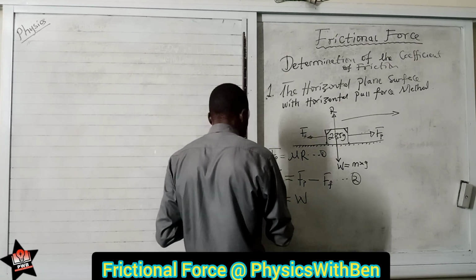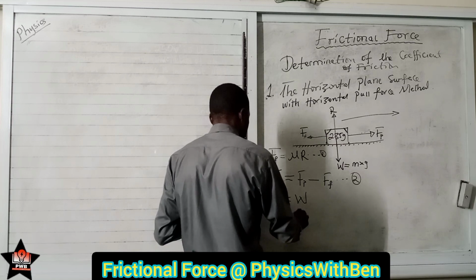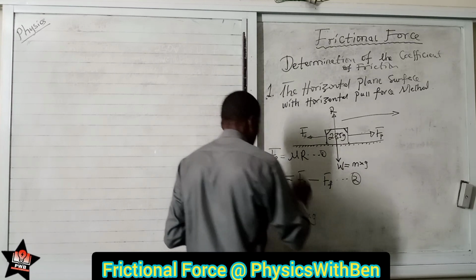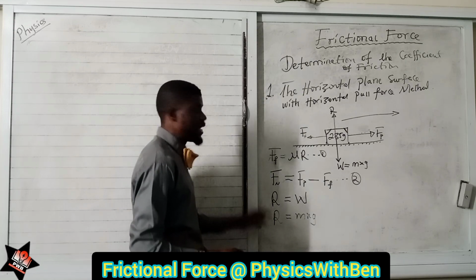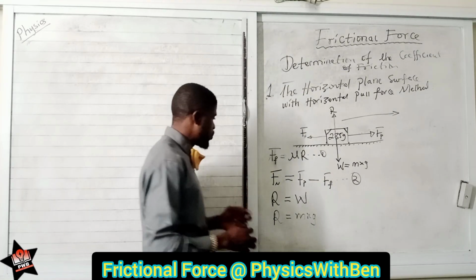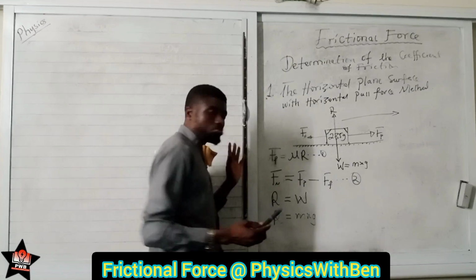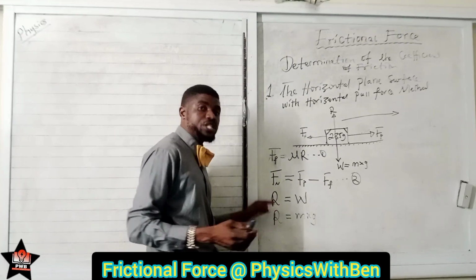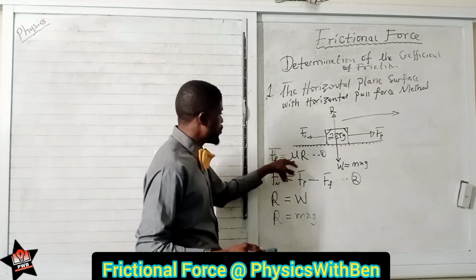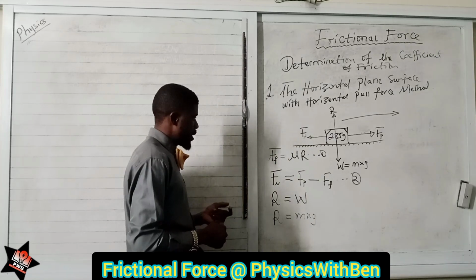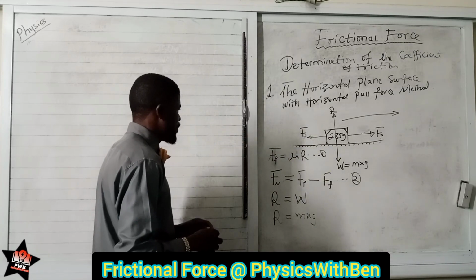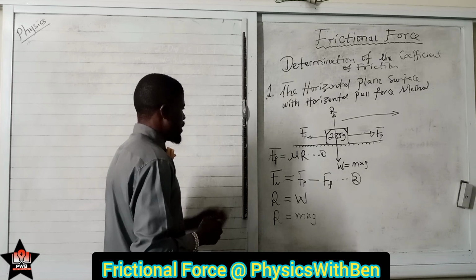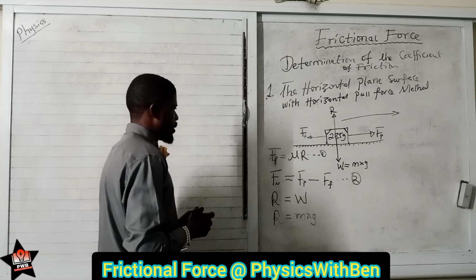And the normal reaction R is also equal to the mass times gravity. It is for this reason that the normal reaction also shares the same SI unit with weight and friction, Newton, and then from here you have mu with no SI units. So these are the basic equations that you will need here.